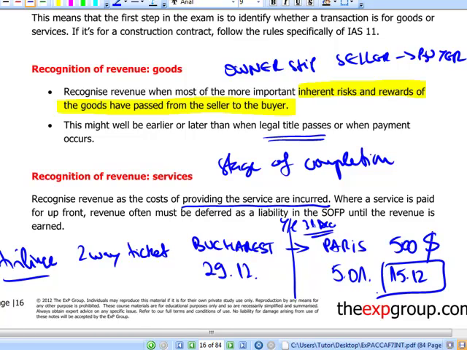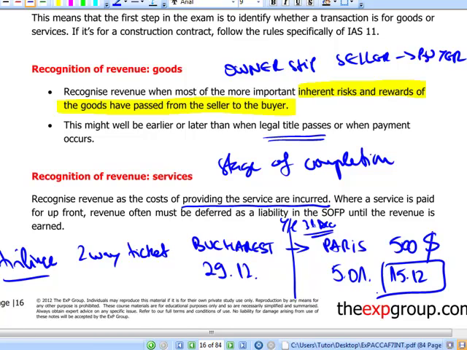I'm just providing a service. I have to fly you as my customer from Bucharest to Paris on certain dates. And revenue coming out of this service should be recognized, the standard says, by stage of completion. Meaning, on 29th of December, my obligation is to have a plane and crew ready for you at the airport to fly you from Bucharest to Paris.